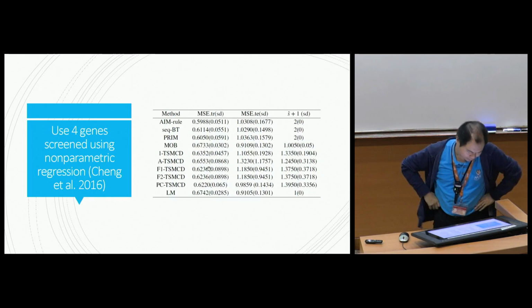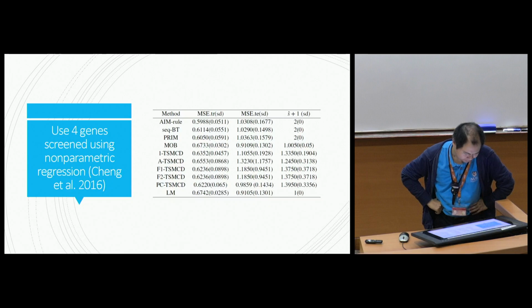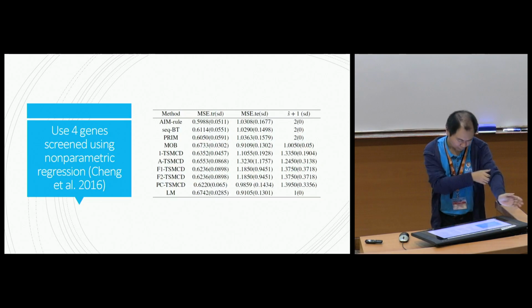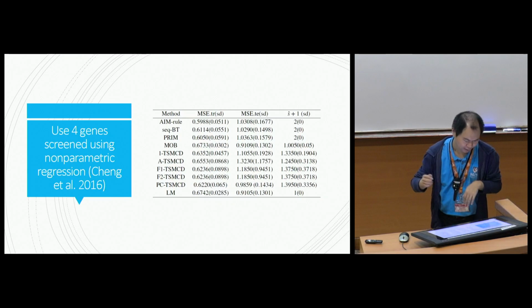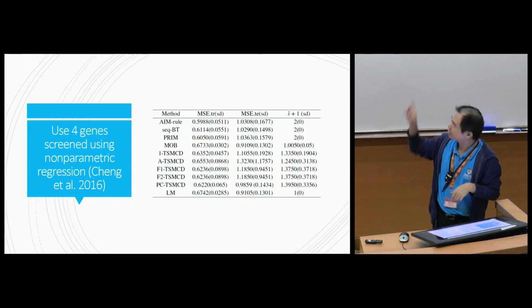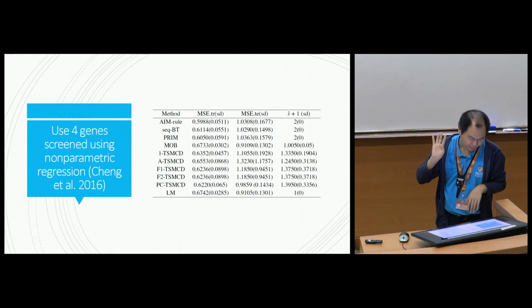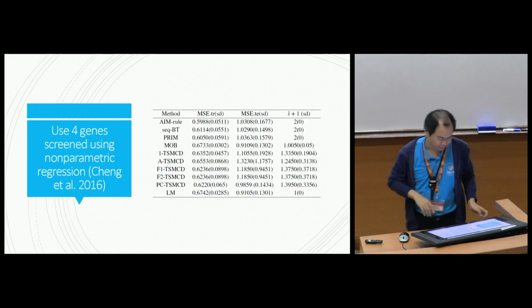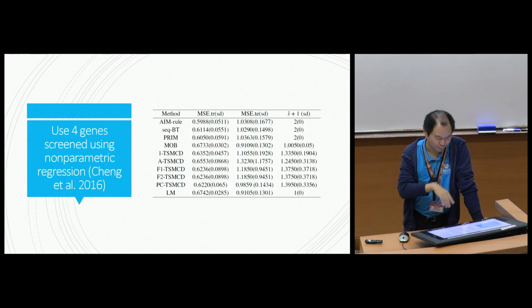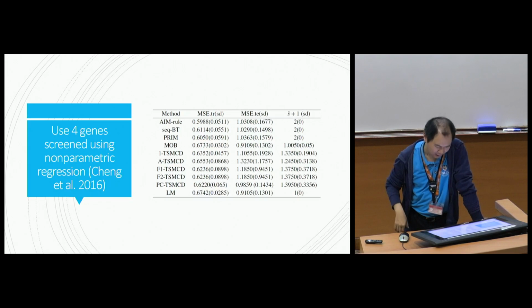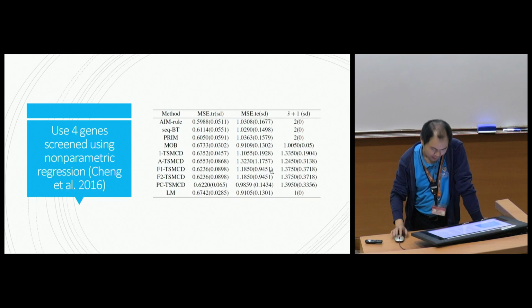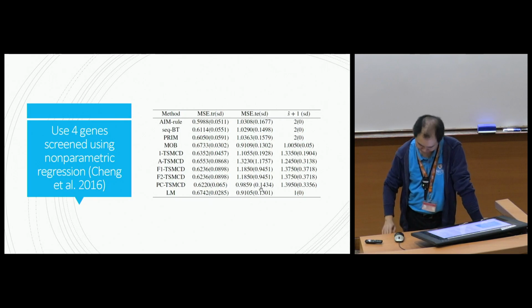The last method is also based on earlier authors' results, where in this 2016 paper, they identified 4 markers from this data set. And so we use those 4 markers to construct the subgroups. And we end up with this kind of MSE. It seems PC is quite good in this case.